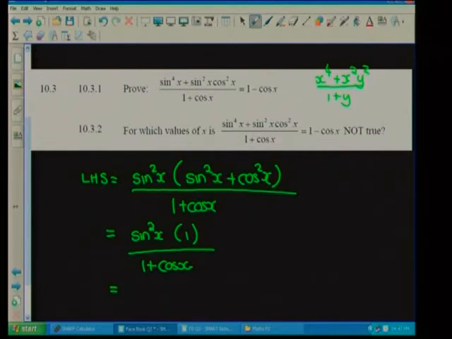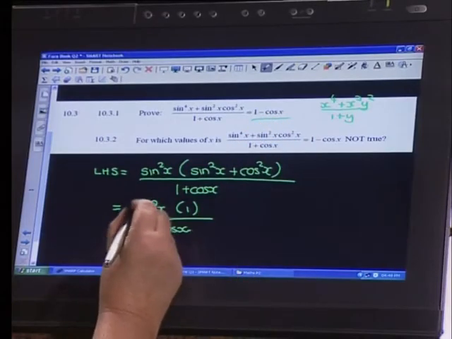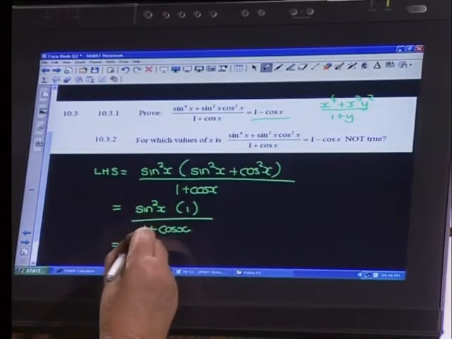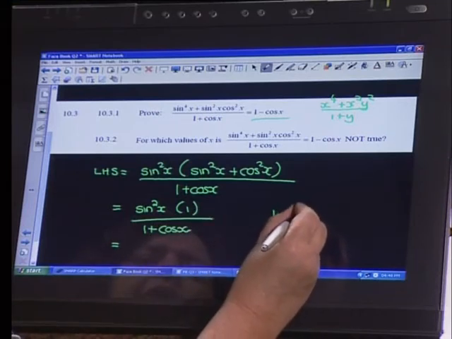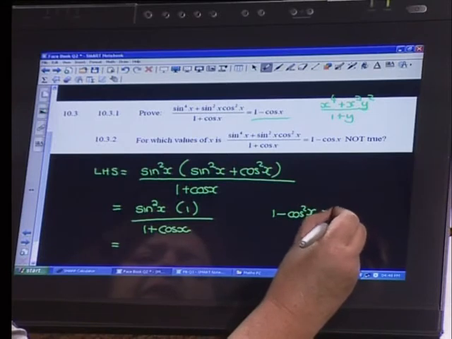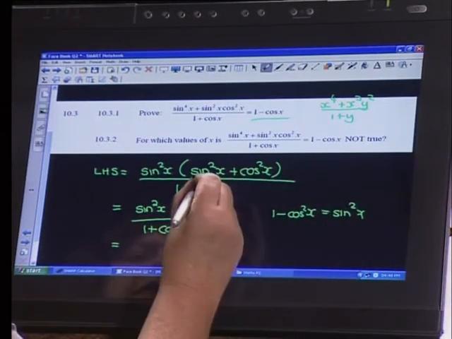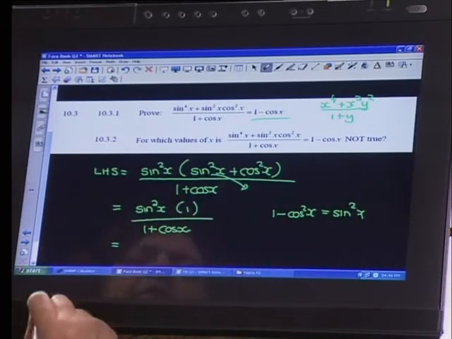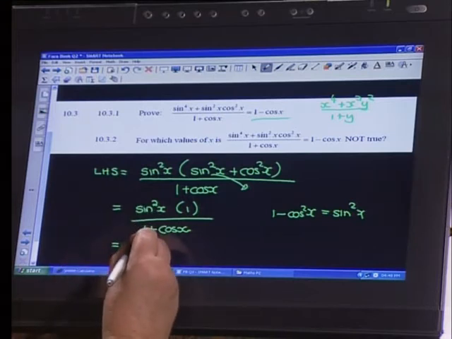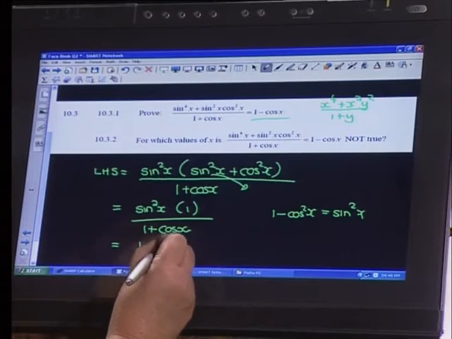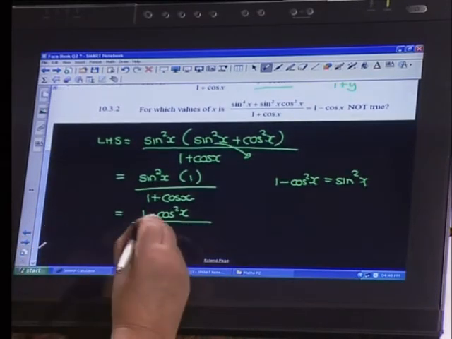So if we look over here, we want to get 1 minus cos x. So I can see that I can change a sin to a cos using 1 minus cos squared x equals sin squared x, a variation on that particular identity. So I can change that to 1 minus cos squared x. That 1 there doesn't really make a difference because 1 times anything is itself.